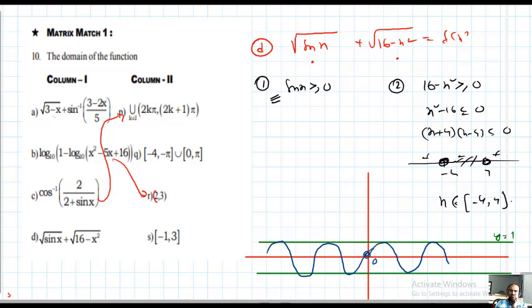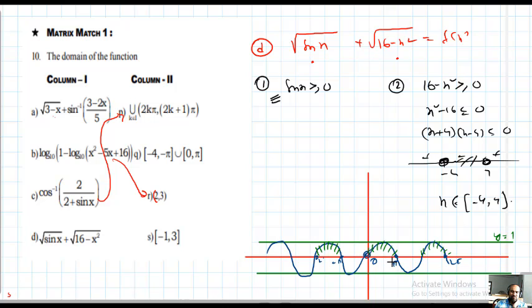This is 0, this is pi, this is 2 pi, this is minus pi, minus 2 pi, like that. According to the first one, your solution is this graph. According to the second one, your x belongs to minus 4 to 4.